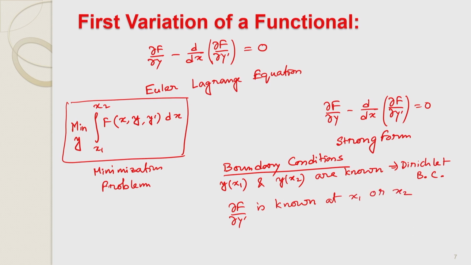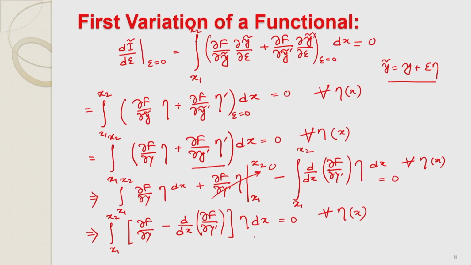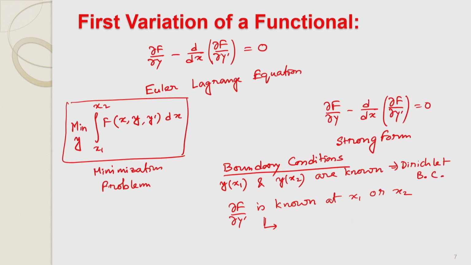Now, if it is non-zero, then this boundary term will have some non-zero contribution. This type of boundary condition is called Neumann boundary condition.